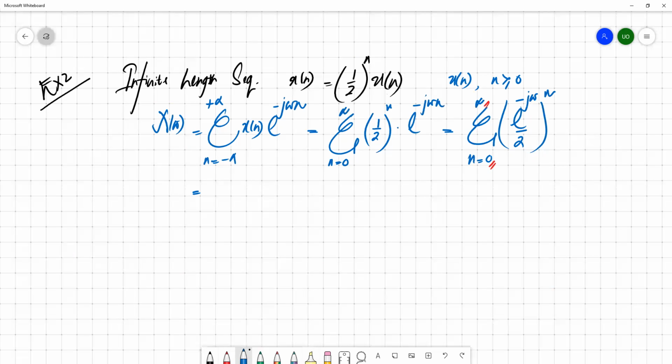It becomes 1 over 1 minus r, where the factor here is half e to the power minus j omega. So 1 over 1 minus half e to the power minus j omega is the X(omega). This is the solution.